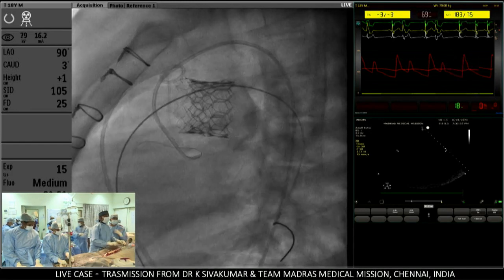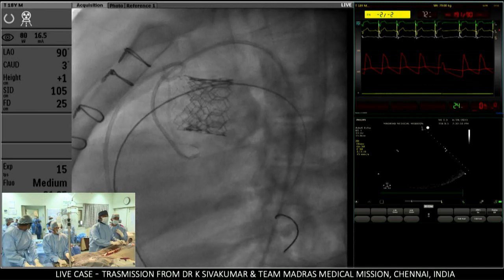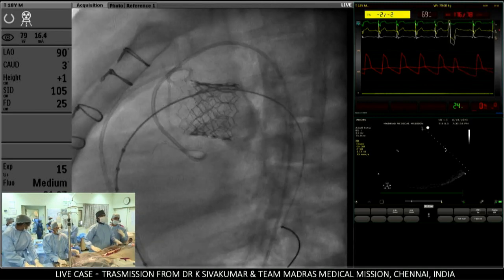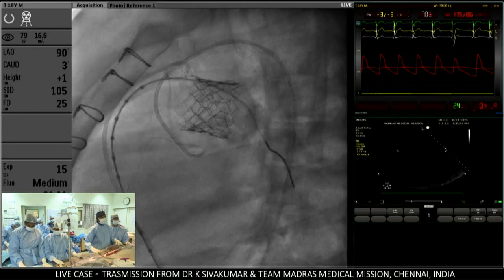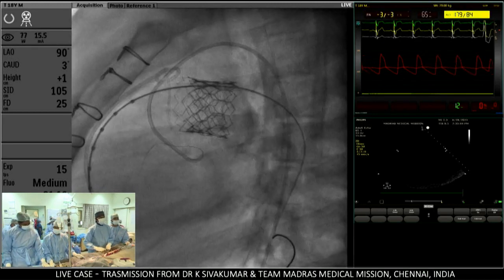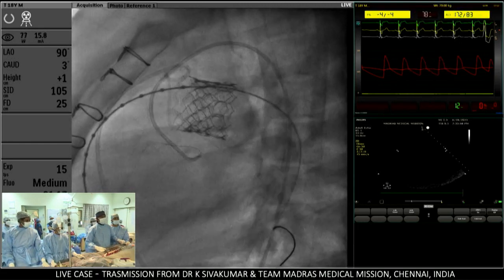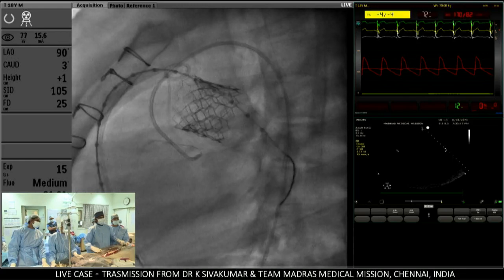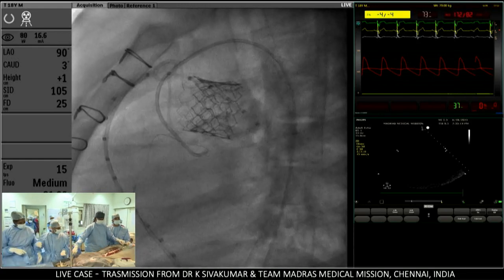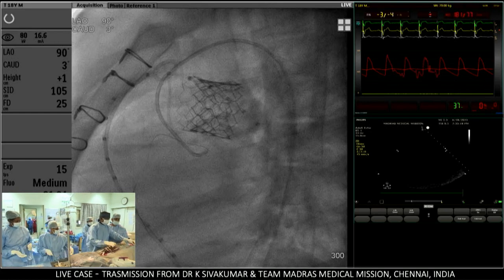I am now advancing my marker pigtail into the outflow tract. Watch your wire. Okay, now I don't need this coronary catheter anymore.